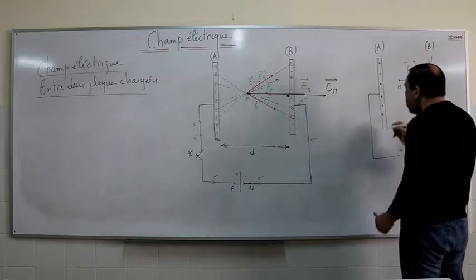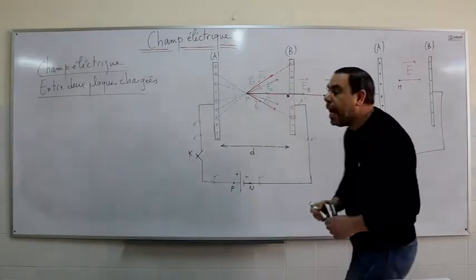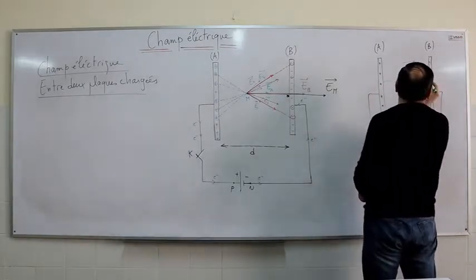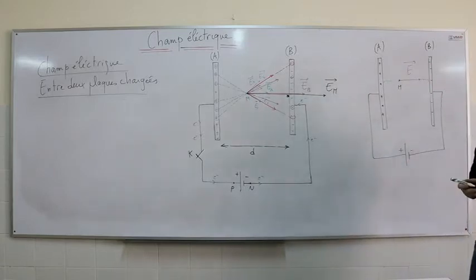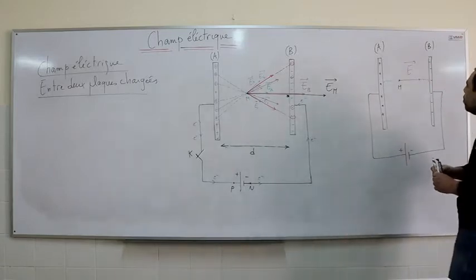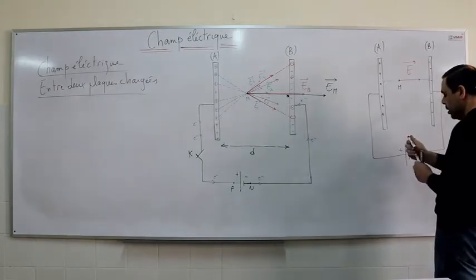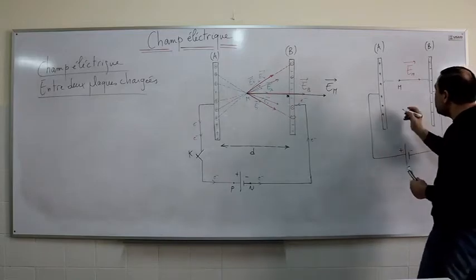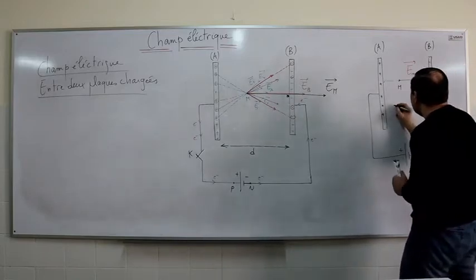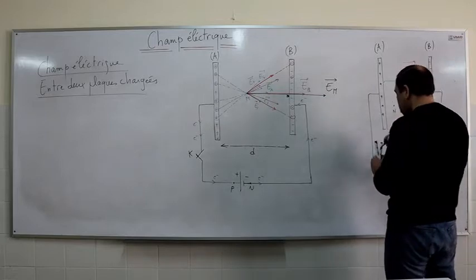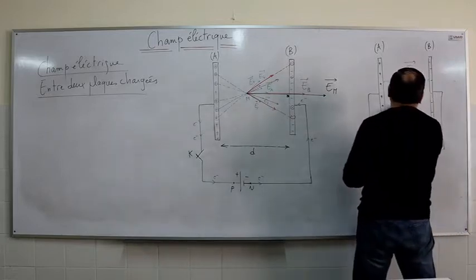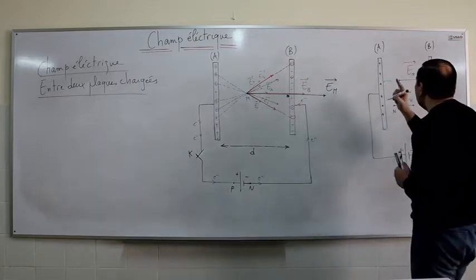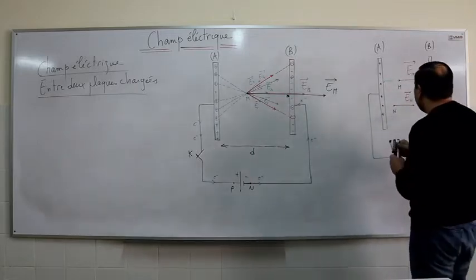E is perpendicular to the plates, directed from the positive plate to the negative plate. This is E at M. Also at a point N, for example, the electric field is in this direction as well, perpendicular to the plates and directed from the positive plate to the negative one.